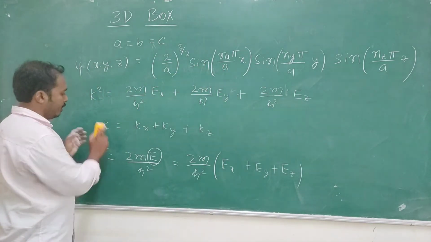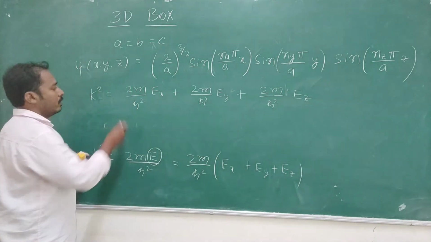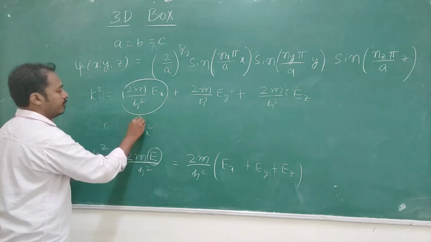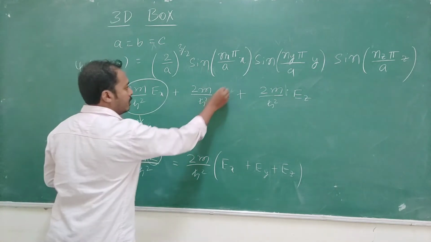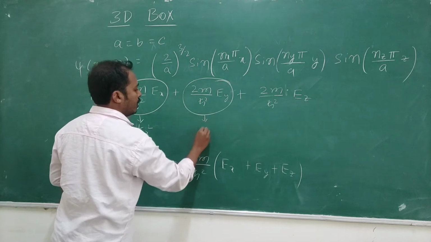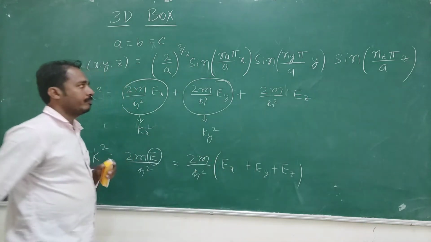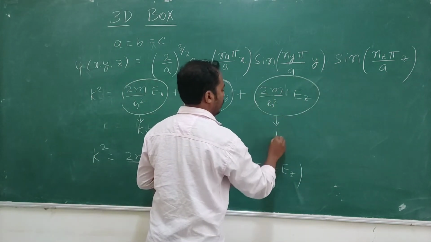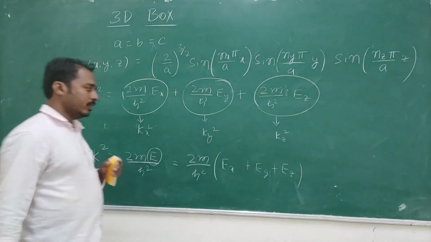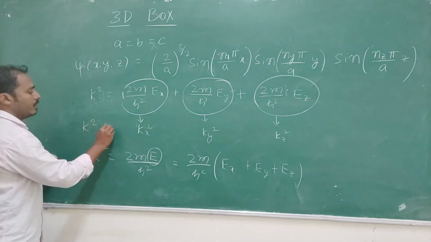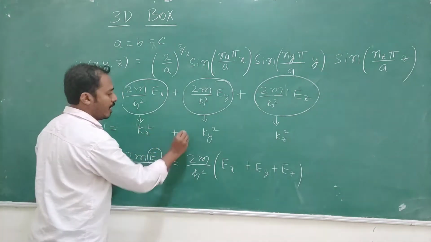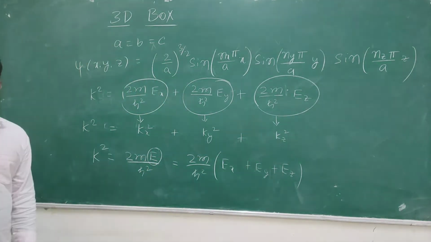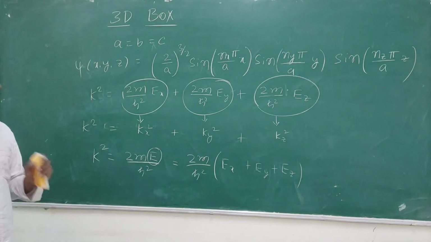So this is nothing but Kx square, this is nothing but Ky square, and this is nothing but Kz square. So K square is equal to Kx square plus Ky square plus Kz square. So this is Kx, Ky, Kz.